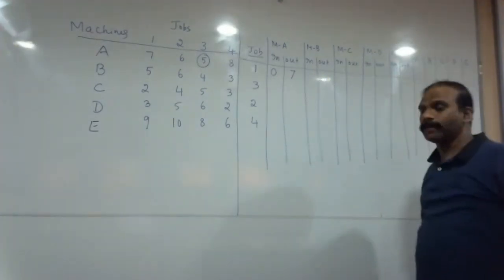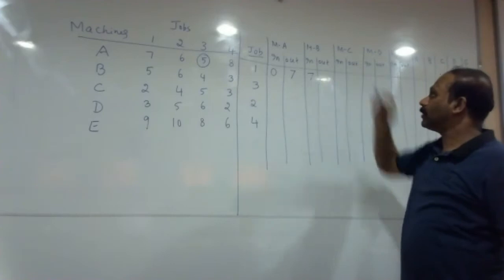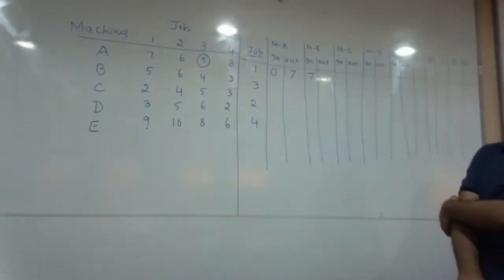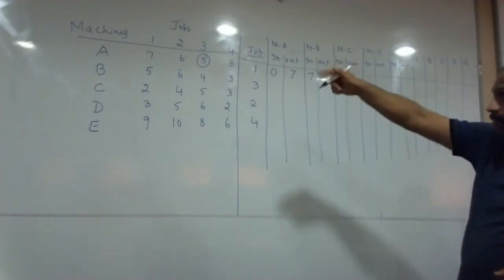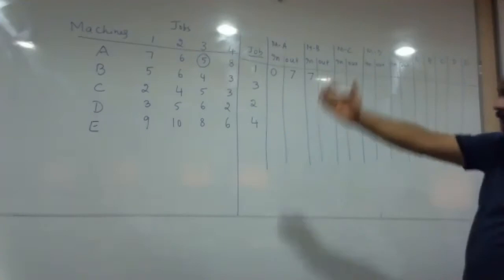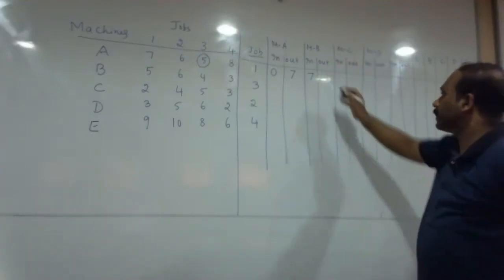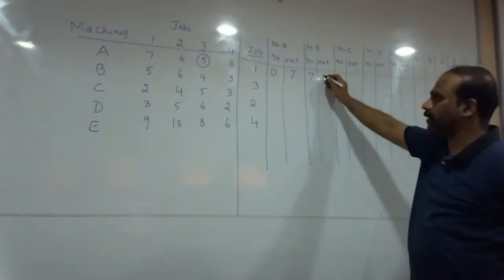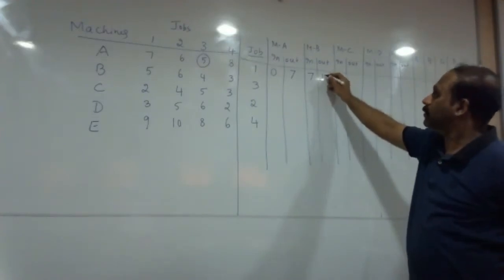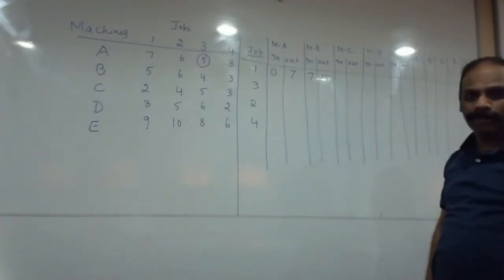So what time will it come out? Please see all the values are given column wise. Don't get confused. So 7 plus 5 becomes 12.